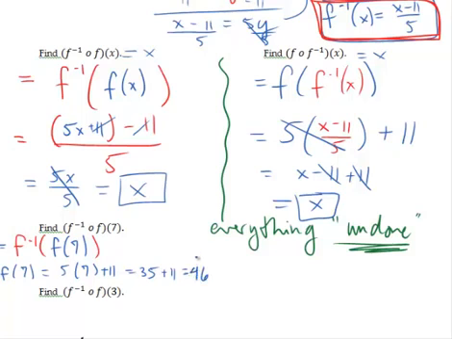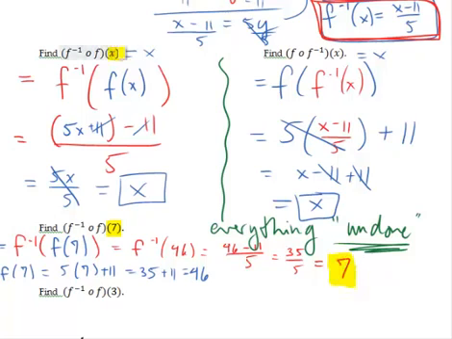We take that 46 and we plug it into the red one. So we have f inverse of 46, which we saw was 46 minus 11 all over 5. 46 minus 11 is 35 over 5. 35 divided by 5 is 7. So notice this. We started with a 7 and we ended with a 7.